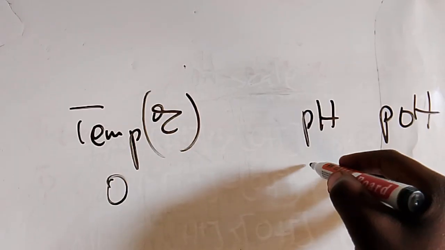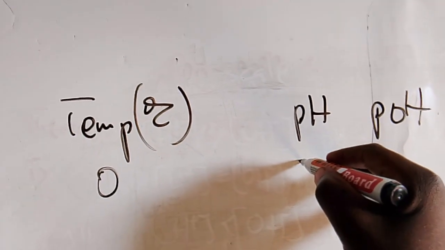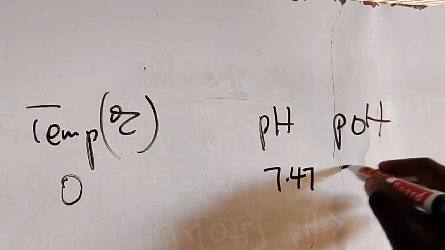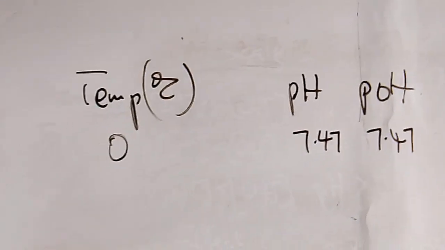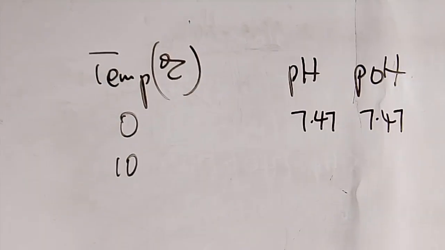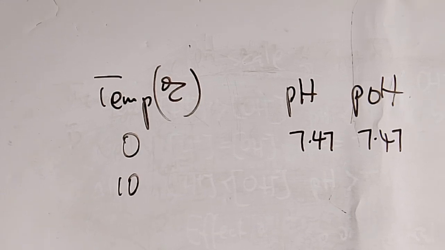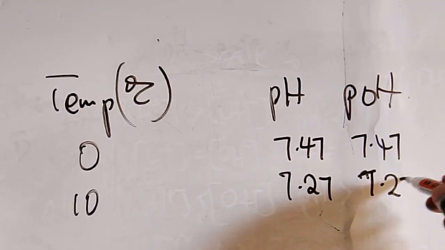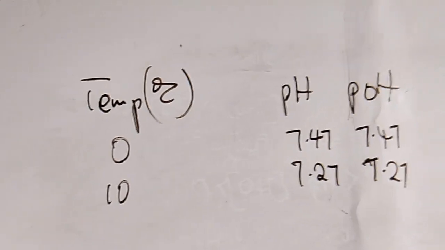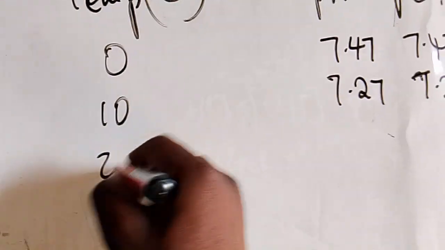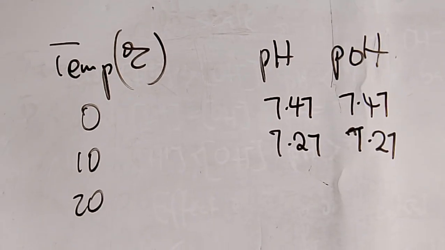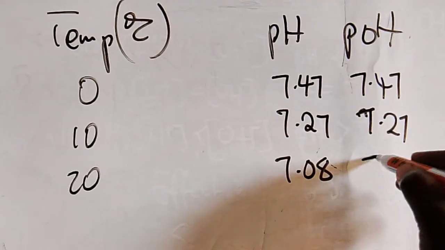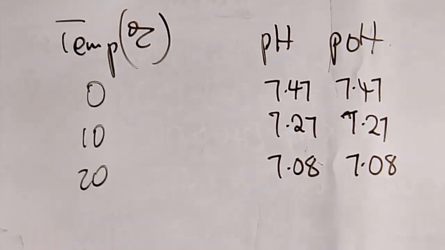So at 0 degrees Celsius, the pH of pure water is about 7.47. Then at 10, 7.27. Then 20, it goes to 7.08.